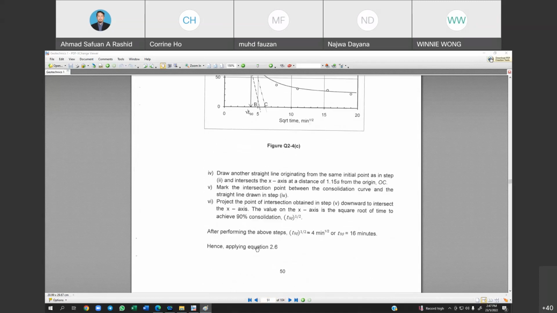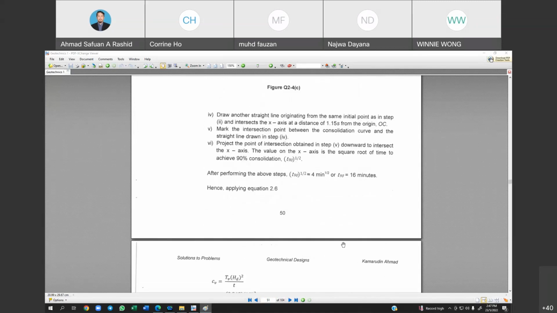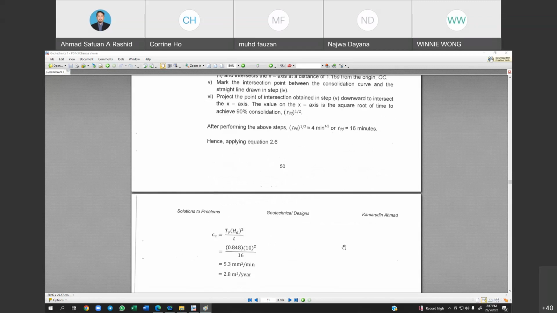So the square root of T90 is equal to 4. 4 power by 2 is equal to 16. So from there we can get the CV value, which is 5.3 millimeter square per minute. However, you need to make sure that you use the same units.